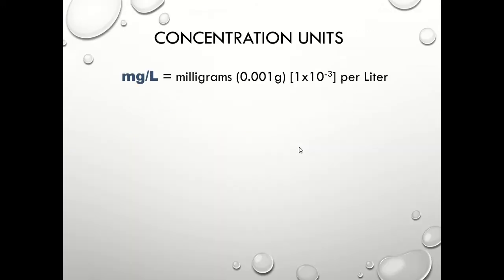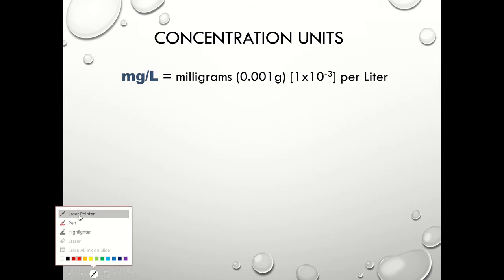Okay, water quality. Let's talk about concentration units. I'm not going to make you a chemist here, these are just units of measure. Milligram per liter: milli is 1,000, so a milligram is 0.001 grams, or 1 times 10 to the minus 3 grams per liter.